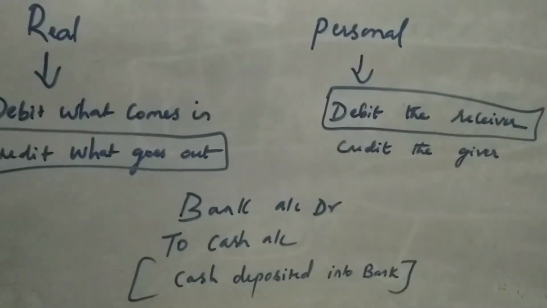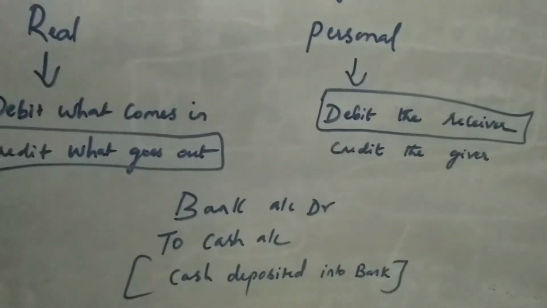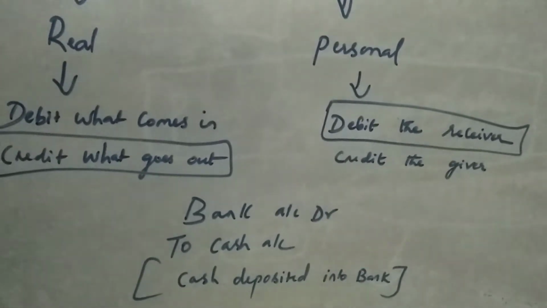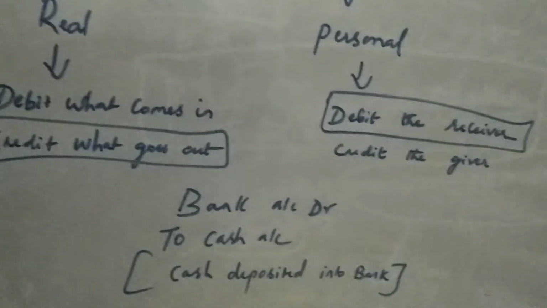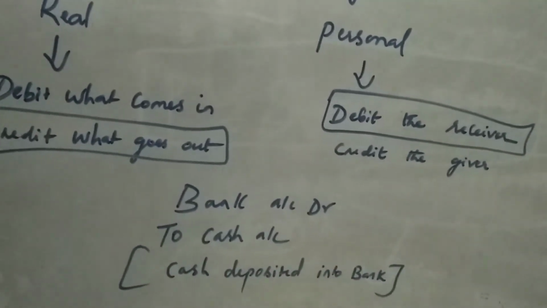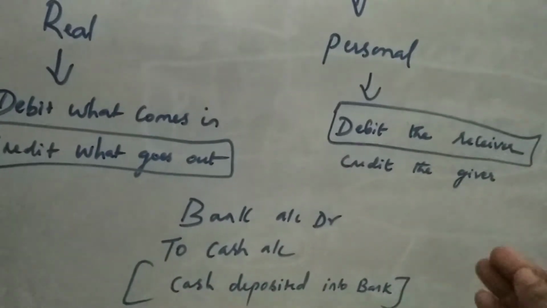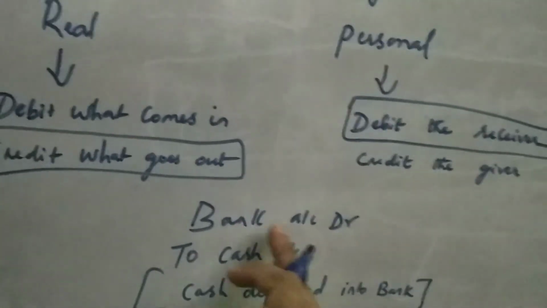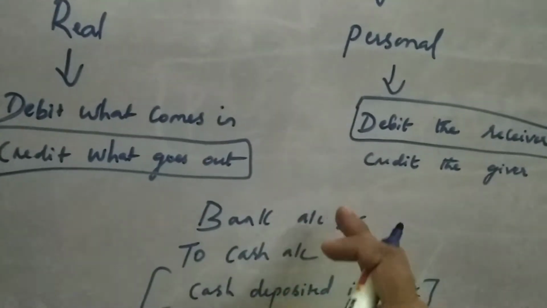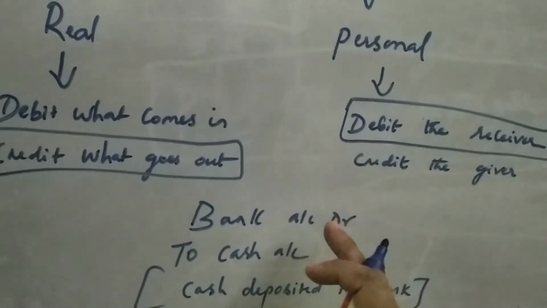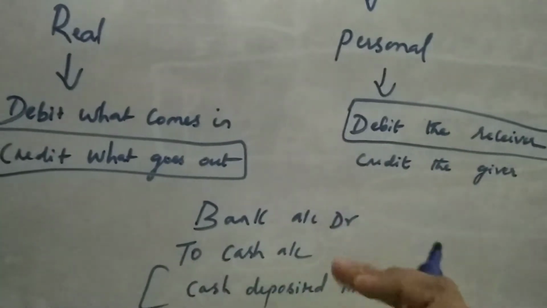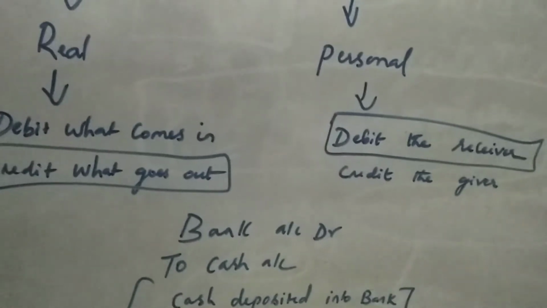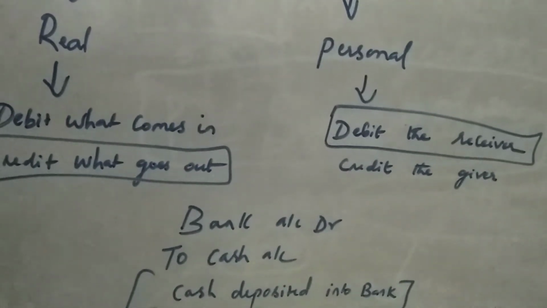Here I would like to tell you the importance of narration. It is human nature to make mistakes, right? If we make any mistake while writing the entry, instead of debiting bank, if we debit cash, if you write cash account debtor to bank, what does it mean? It means you are withdrawing cash from the bank.